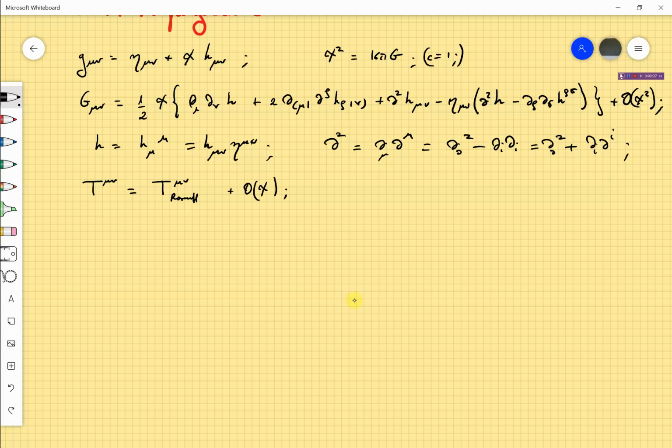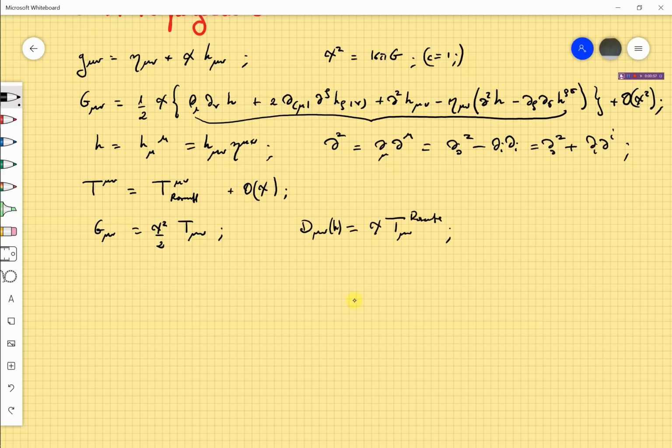Now if you plug this expansion into the Einstein equations, you arrive at the lowest order to an equation that we wrote in this form. So this is an operator D mu nu of h equal to T mu nu Rosenfeld, and this operator is just everything that you find here at first order. These are the linearized Einstein equations, lowest order.